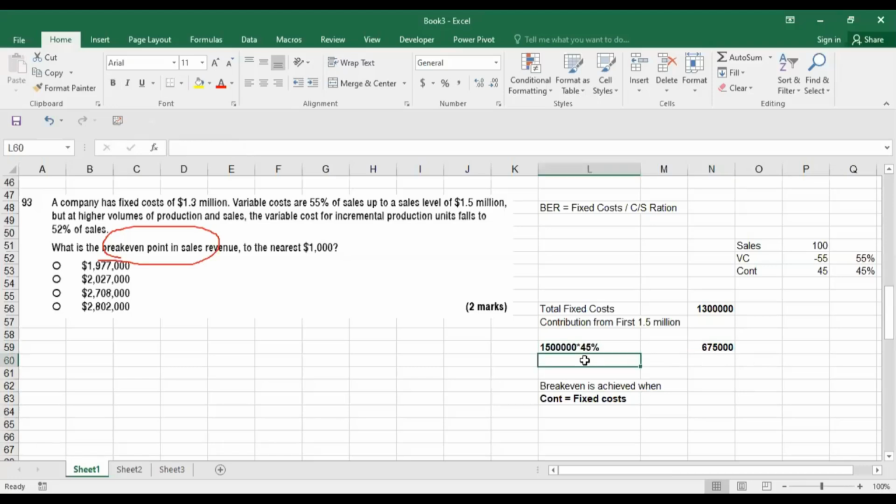And how do I get the remaining contribution? For the remaining contribution, this 45% limit will not be there. It will be 48%.